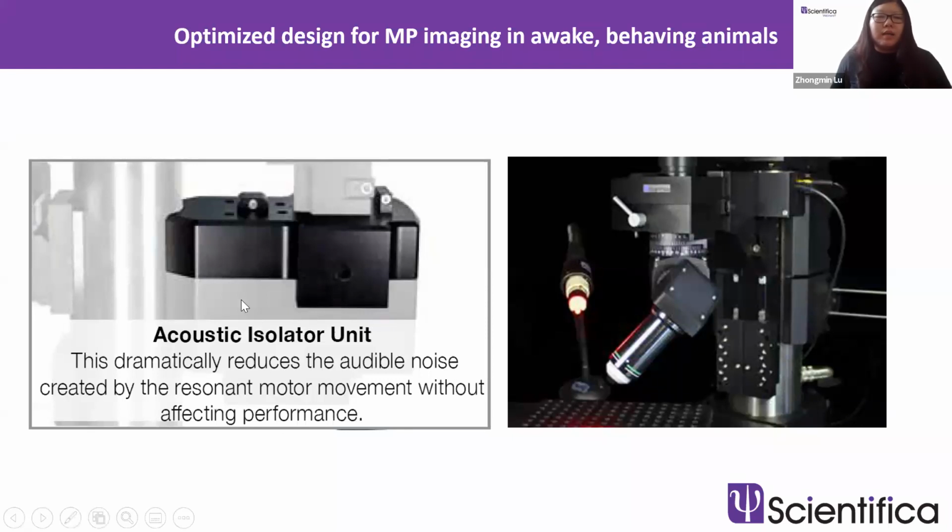One is the acoustically isolated unit. Maybe some of you have had this experience, including me. The first time I walked into a 2P imaging room, when my colleague turned on the resonant scanner, I immediately noticed a really disturbing noise, which also disturbed my mouse on the rig. I asked my colleague, what's that? And my colleague told me this is coming from the working resonant mirror.